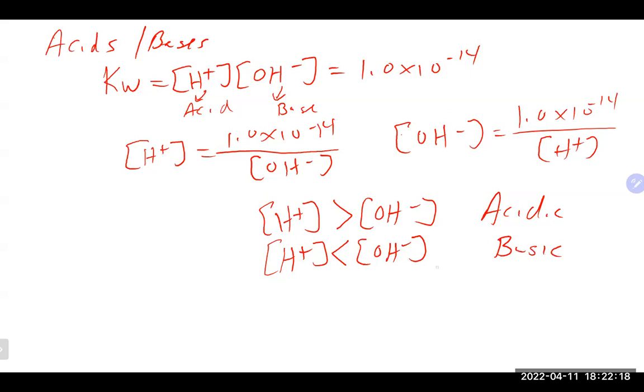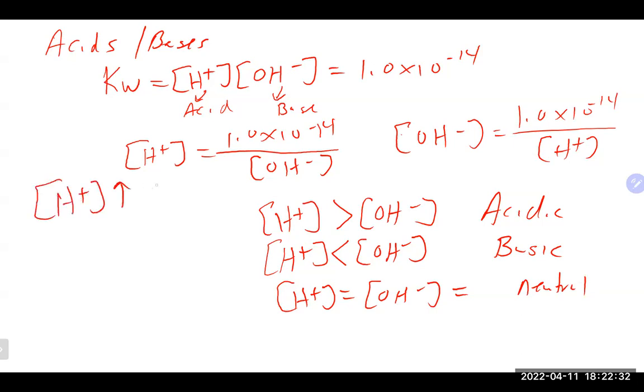And lastly, if they are equal to each other, they will equal 1 times 10 to the minus 7, and it would be a neutral solution in that case. They do go opposite of each other. So as the concentration of H plus increases, the concentration of OH minus decreases, and vice versa. As one goes down, the other goes up, basically.